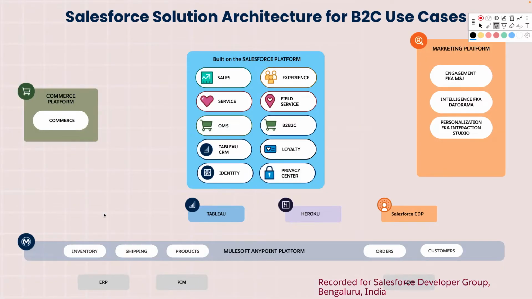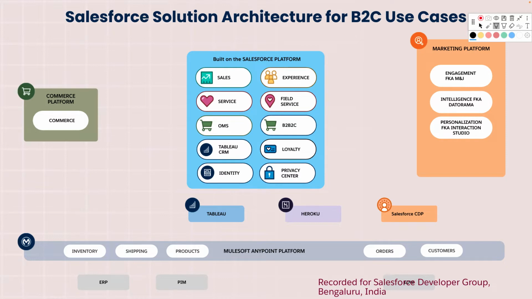So what you're seeing right now on your screen is a Salesforce solution architecture which includes B2C Commerce. We have got the Salesforce platform in the middle, which includes Sales, Service, Experience Cloud, and so forth. We also have the marketing platform, Marketing Cloud, on the right, and the MuleSoft platform as a middleware to help us through.